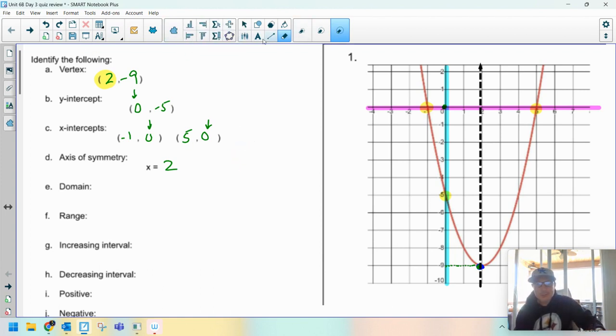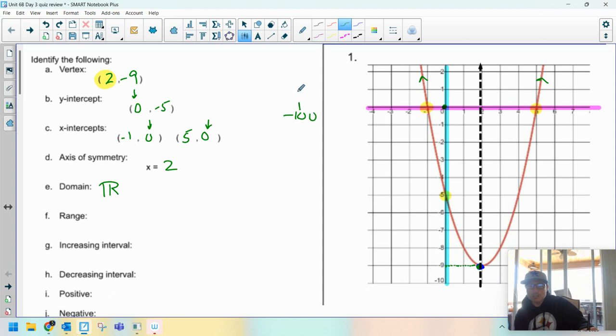Domain. Well, this is even simpler. Domain, I'm going to give the symbol for all real numbers. Domain is the x, by the way. And the reason the domain is the x is because these parabolas keep going up and to the left, and this one keeps going right and to the left. So it's going to touch every x forever. If you had negative 100 here and you go up, this line will eventually touch it.